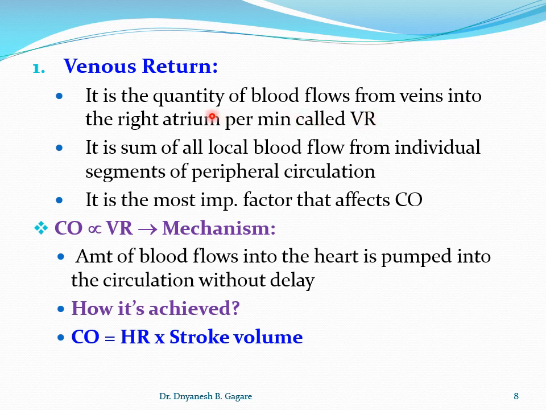So the amount of blood that is collected or returned from the venous system to the heart. To the heart means to the right atrium, and per minute is an important word, it is called the venous return. In another way we can say that it is the sum of all local blood flow from individual segments of peripheral circulation.